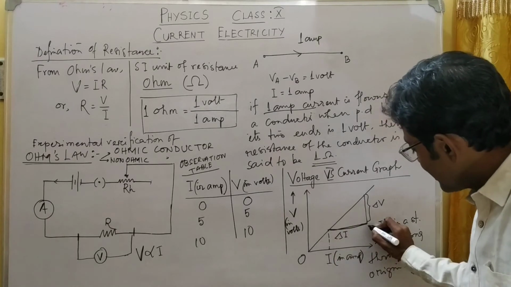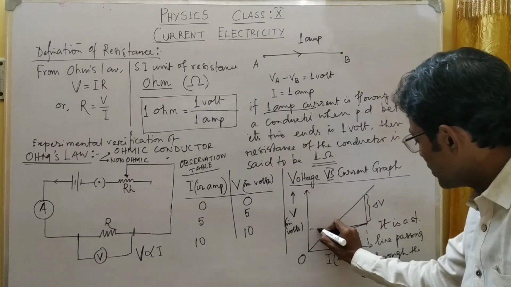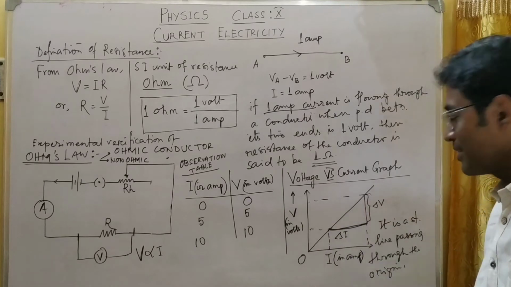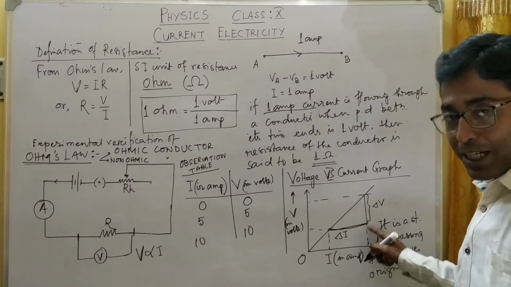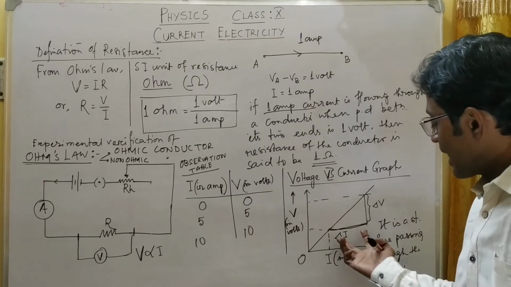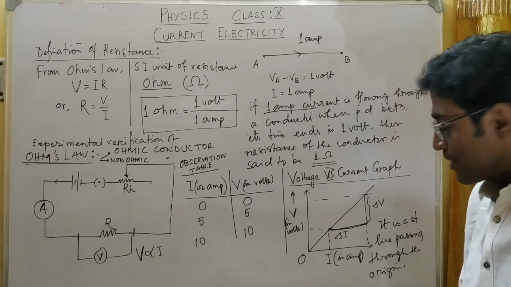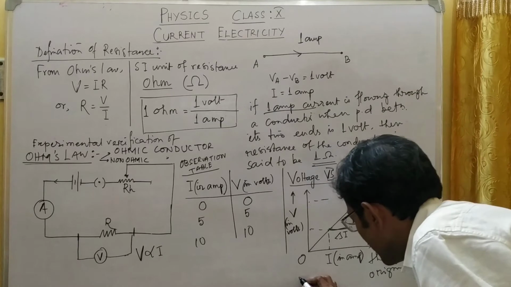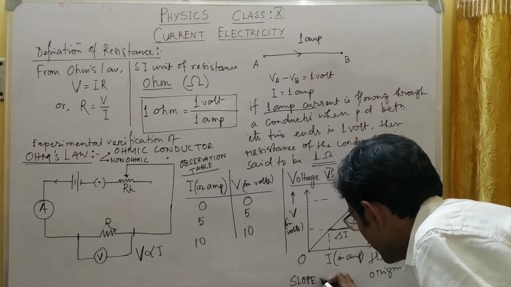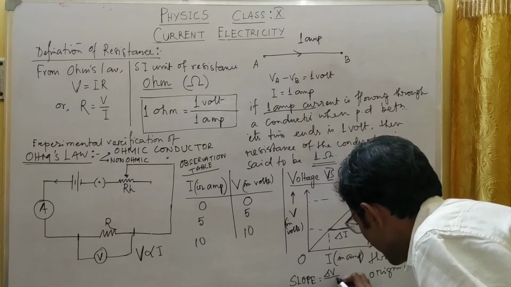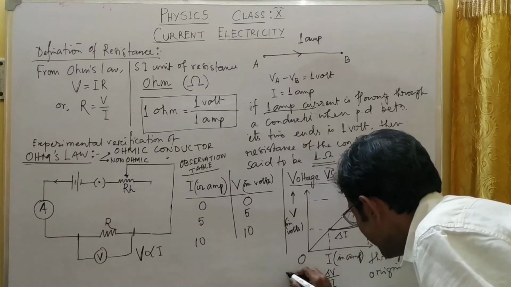Go to this axis, go to this axis, go to this axis and go to this axis. So this is triangle V, that means change in voltage. This is triangle I, meaning change in current. So slope, remember, is equal to triangle V by triangle I.